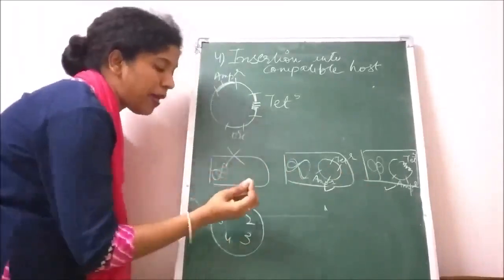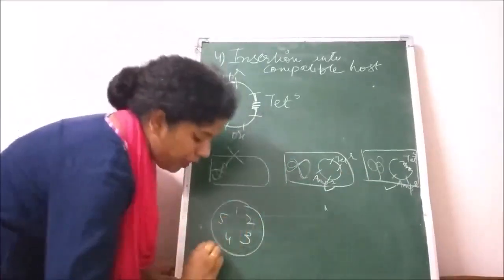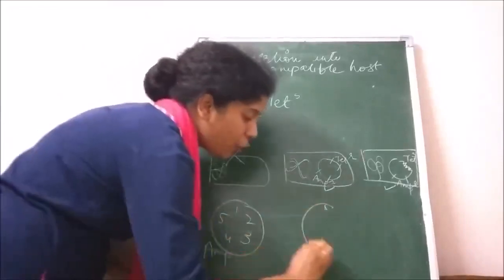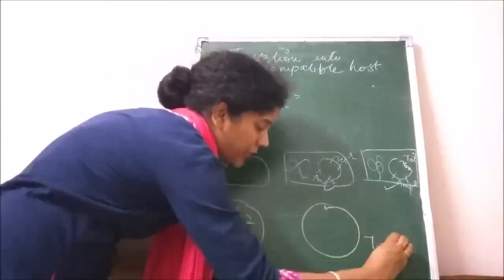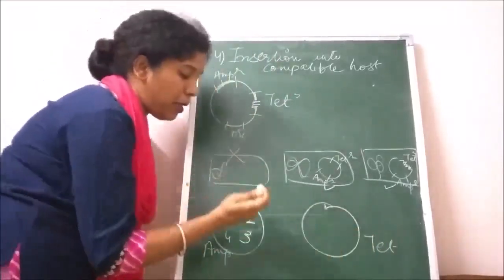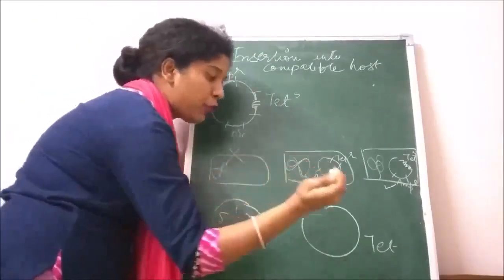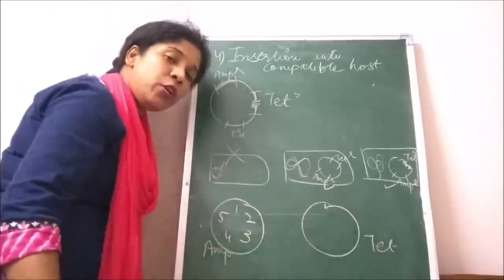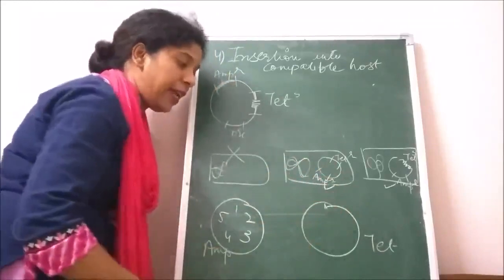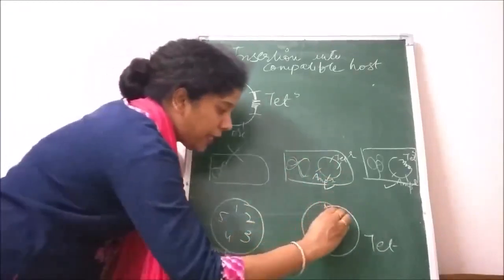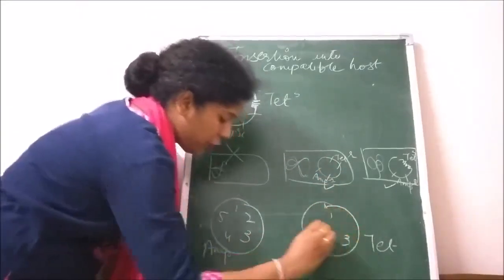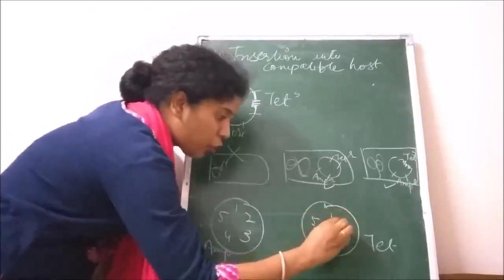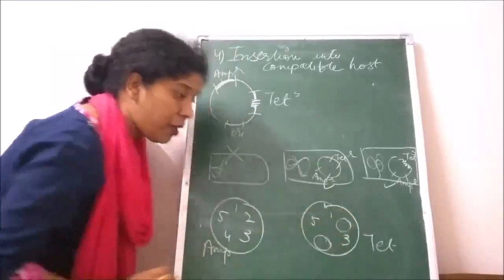Now we are going to make a replica of this ampicillin plate onto a plate which has the tetracycline. We just take a stamp and put it on this particular plate which has the tetracycline, and after 24 hours we observe that colony 1 grew, colony 3 grew and colony 5 grew. However, colonies 2 and 4 didn't grow here. Why?